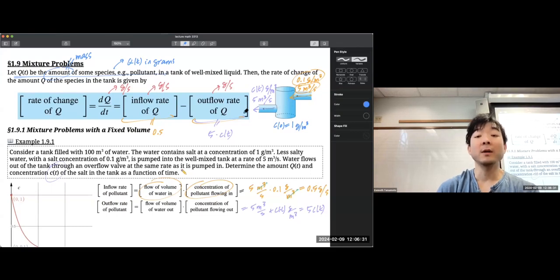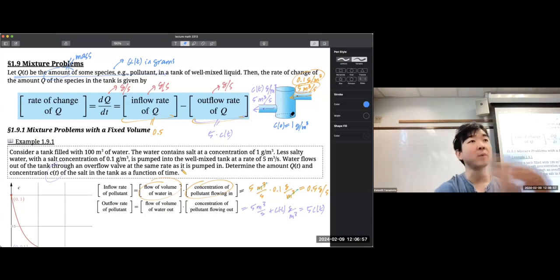And that's fine for the inflow. But the outflow is harder because you're putting in diluted water. The concentration inside this tank is like 10 times higher than the water that's being pumped in. This is assuming you're well mixed, and then you're letting water pump out on this end. But the concentration of the water that's pumping out is unknown because you're pumping diluted water into a tank that's more concentrated, it's being mixed, and then you're pushing it out.